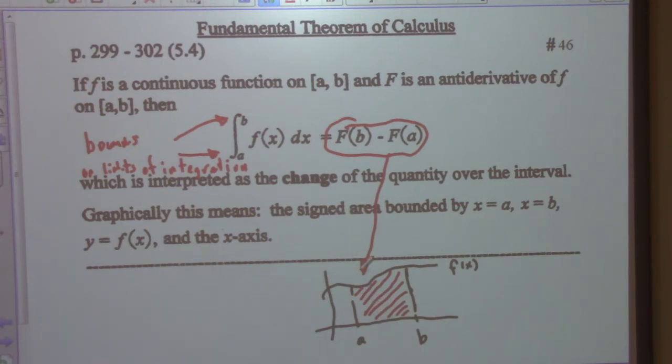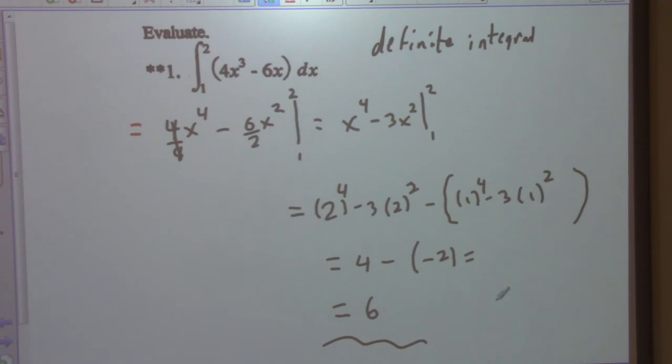The c cancels out, because the c will move this area up and down, but the net area inside there is still the same. And so hence we have a definite integral, and you don't have a plus c. You have an actual numerical answer.